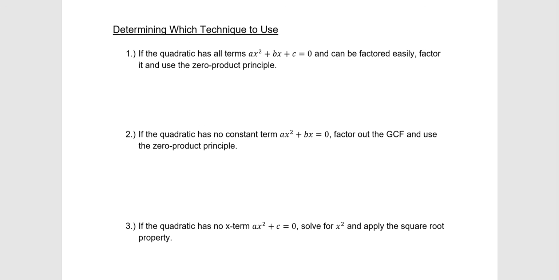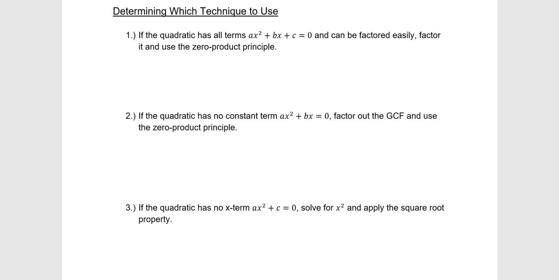Okay, so for the last page here, a summary for this section on how to determine which technique to use: either factoring, square root property, completing the square, or quadratic formula. For the first thing here, if the quadratic has all of the terms in it, ax squared plus bx plus c equals 0, and it can be factored easily, then factor it and use the zero product principle.